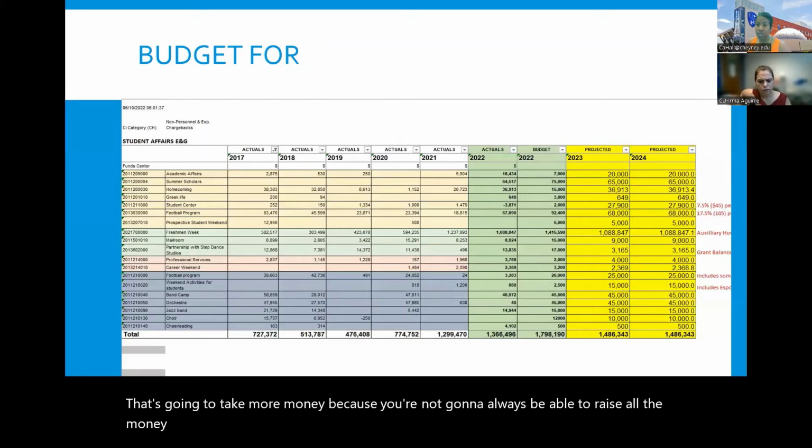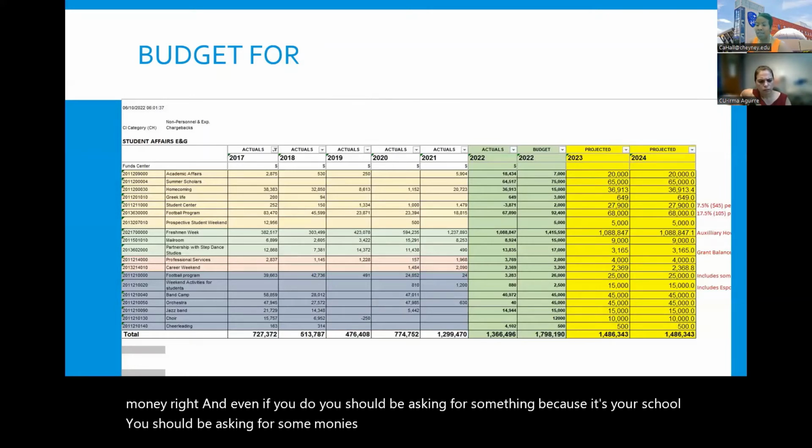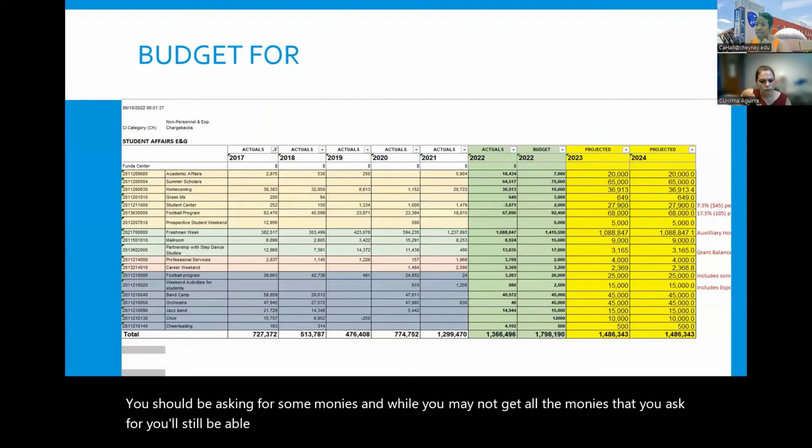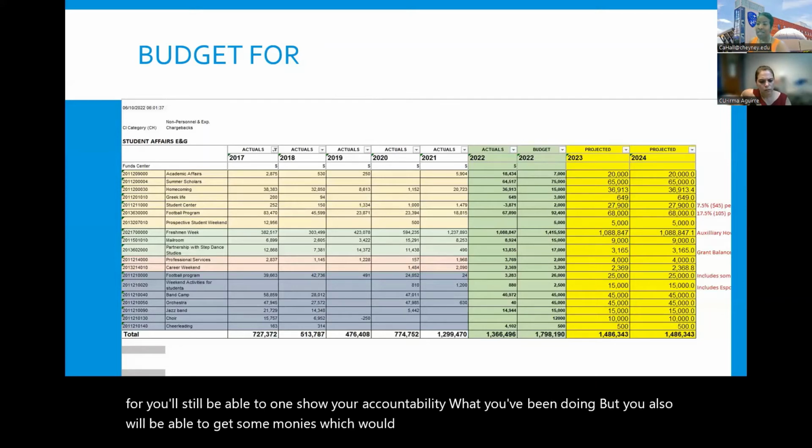And even if you do, you should be asking for something because it's your school. You should be asking for some monies. And while you may not get all the monies that you ask for, you'll still be able to, one, show your accountability, what you've been doing, but you would also be able to get some monies which will provide assistance for your future vision.